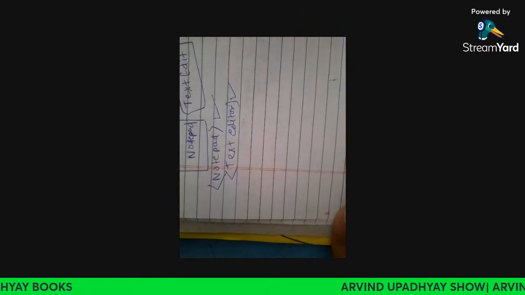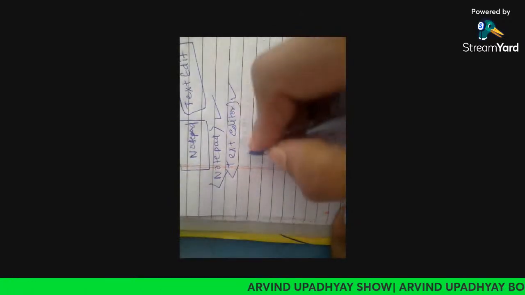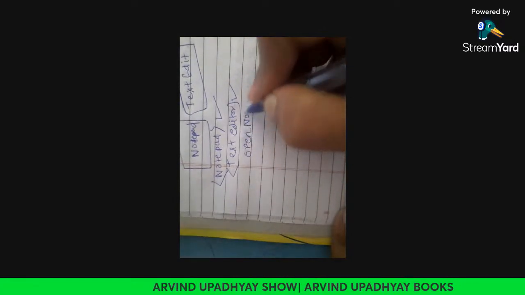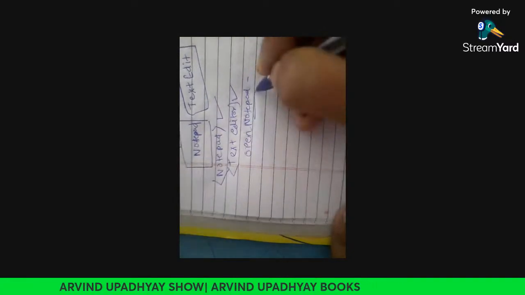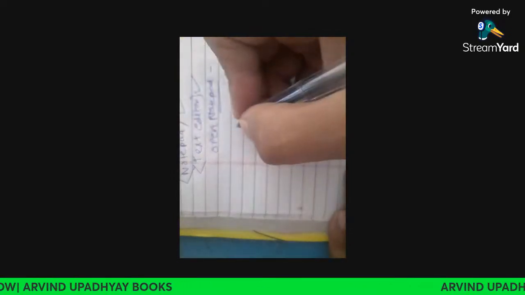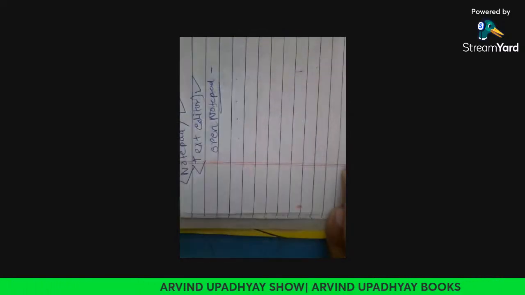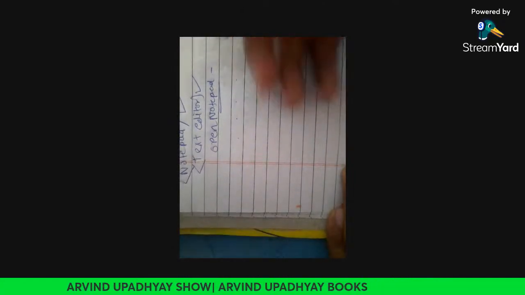So first, open your Notepad. Click the Windows symbol button at the left of the screen and type Notepad. In Windows 7 and earlier, go to Start, Programs, Accessories, then Notepad. Step one is opening the text editor.